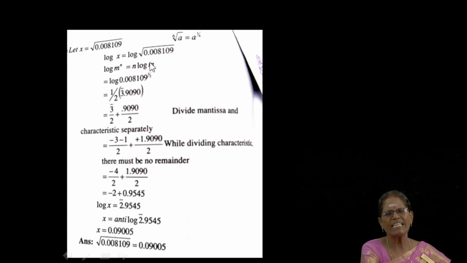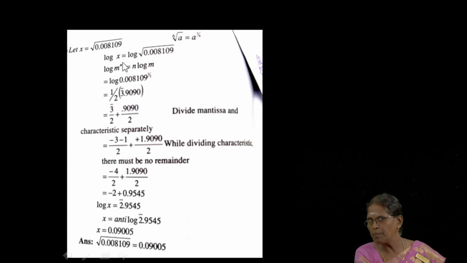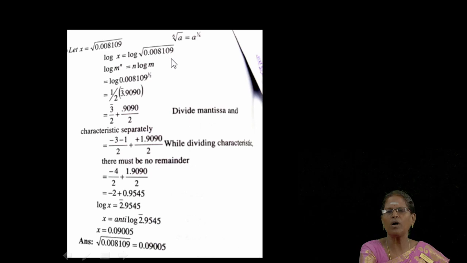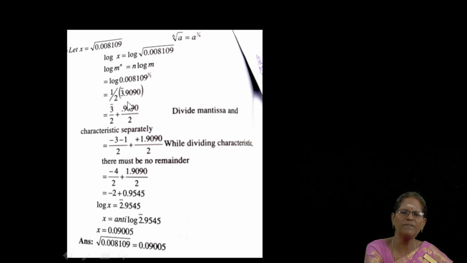And whenever there is a root, the problem cannot be solved directly, so the root form is to be brought into index form. So the power 1 by 2 has been brought. Then by applying the log formula, this 1 by 2 is brought to the front. Now we should refer to the log table.